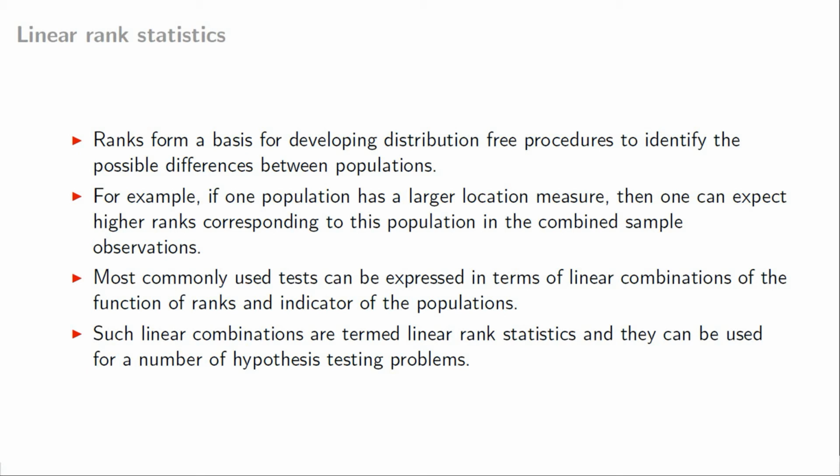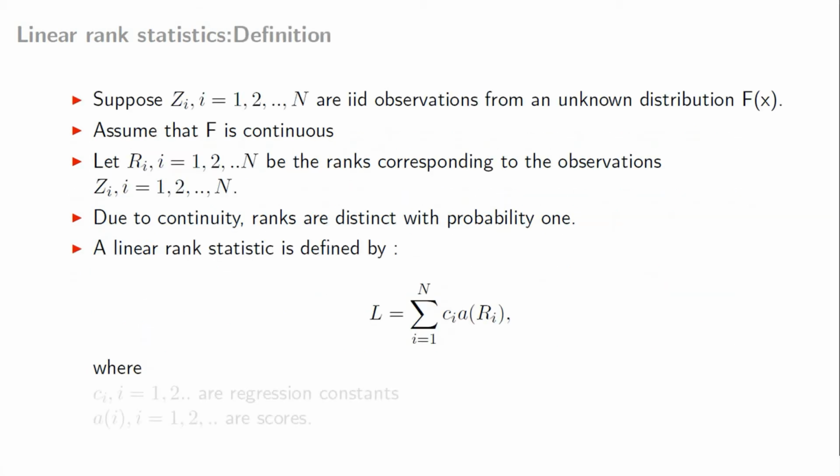Most commonly used tests can be expressed in terms of linear combinations of functions of ranks and indicators of the populations. Such linear combinations are termed linear rank statistics, and they can be used for a number of hypothesis testing problems. So now we shall give the formal definition.